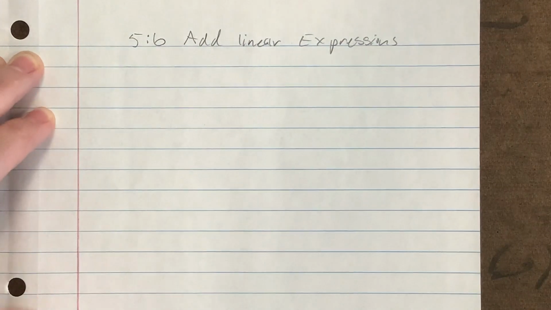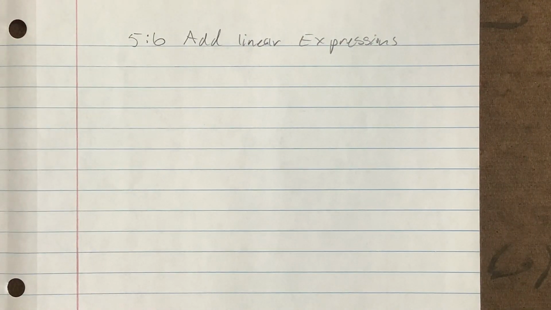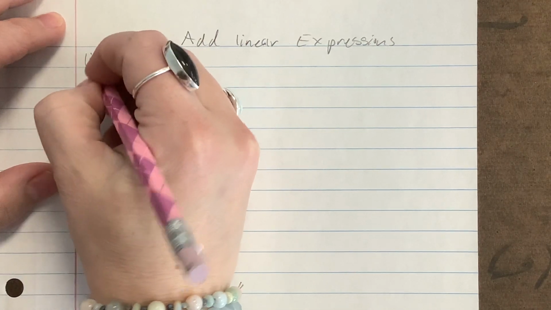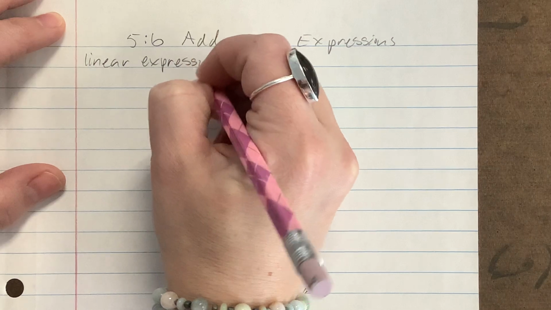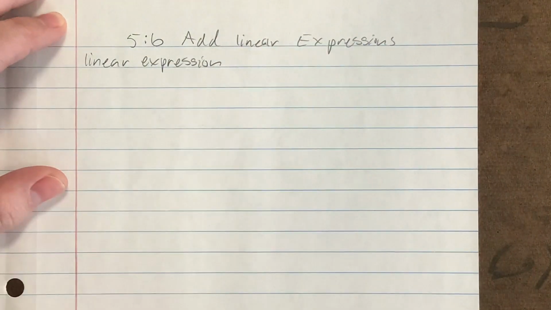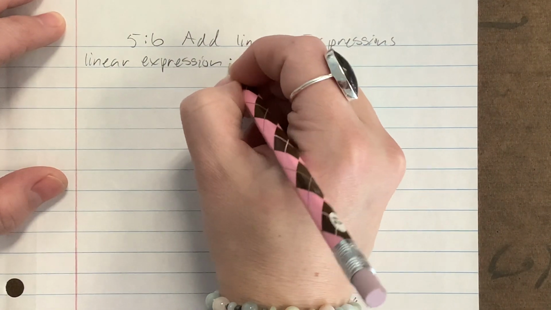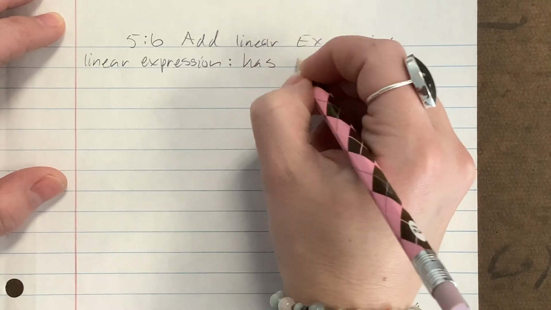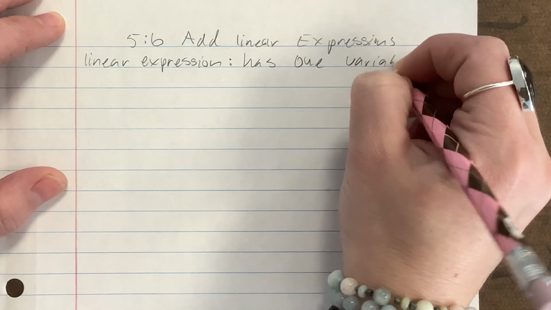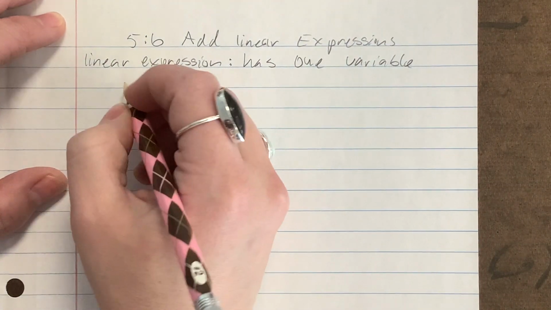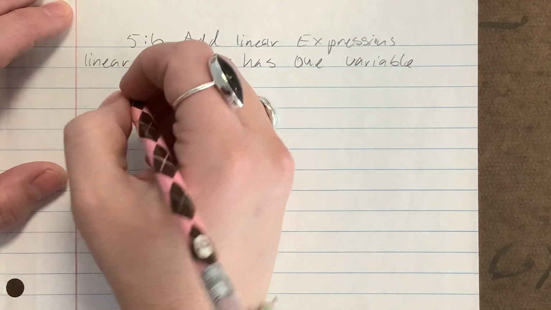Okay, the nice thing is we're adding. The next section is subtracting linear expressions, and that is much more challenging. So, adding linear expressions. Basically, a linear expression has one variable and it's not raised to any powers.